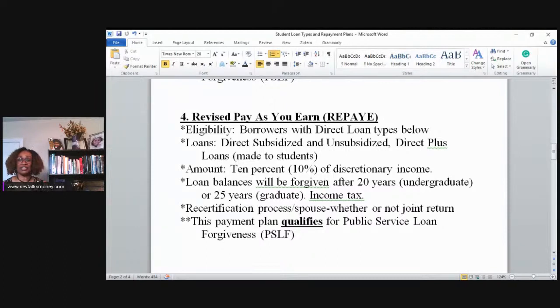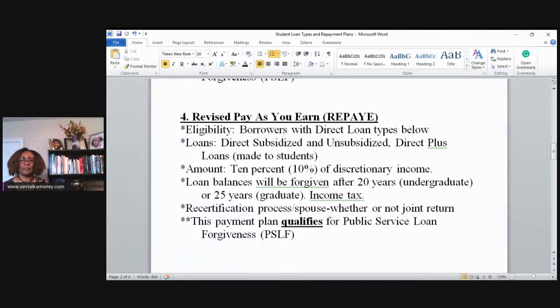Now, another thing to consider is your spouse's income and debt load will be considered when you go through the recertification process, or when you do the first application to be covered under this loan. Your spouse's income and debt load will be considered, and you don't even have to file a joint return. As long as you're married, their income is going to be considered.